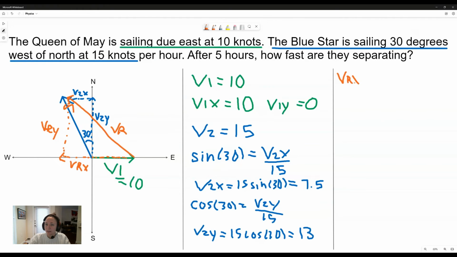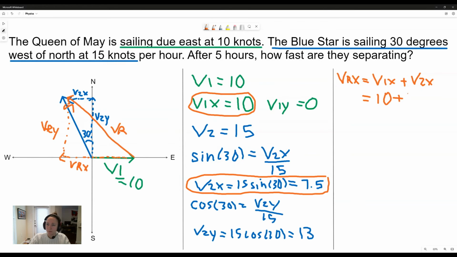VRX, our resulting vector, is going to be equal to V1x plus V2x. We know from over here that V1x is 10 and V2x is 7.5. If we calculate this out, we get that VRx is equal to 17.5.